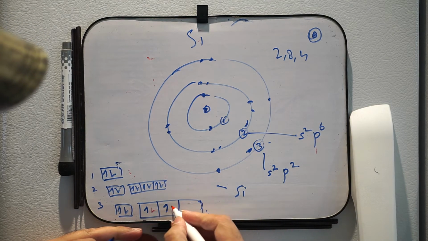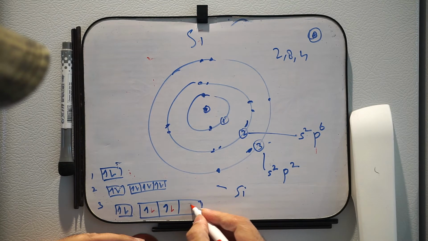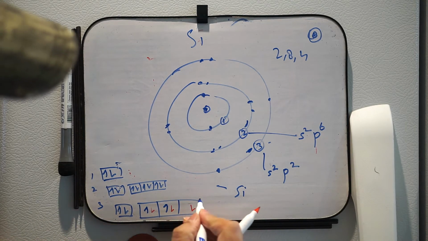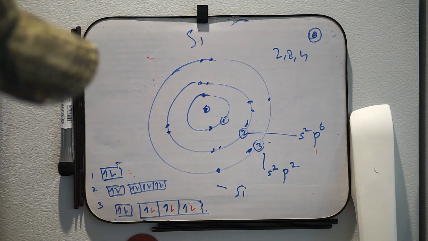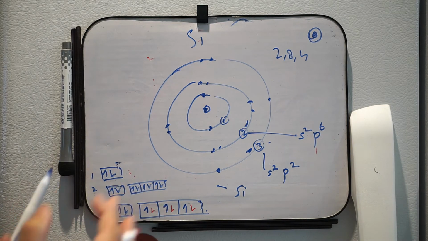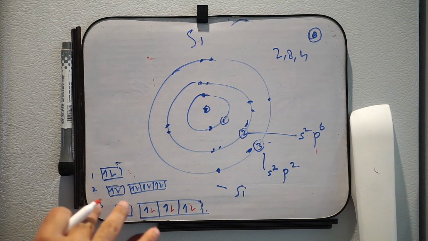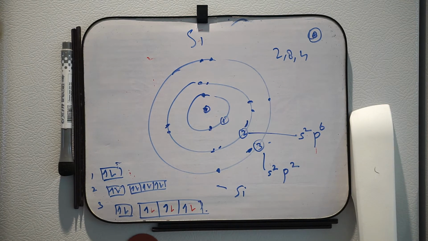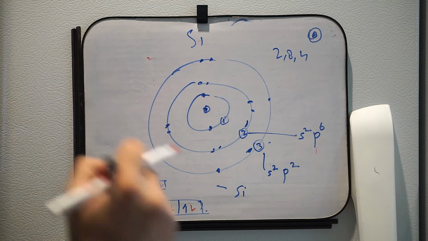Let's give it 4 electrons. So it can give and it can take 4 electrons. But something has to actually be compatible with silicon to give it 4 electrons, or it's going to give its 4 electrons.